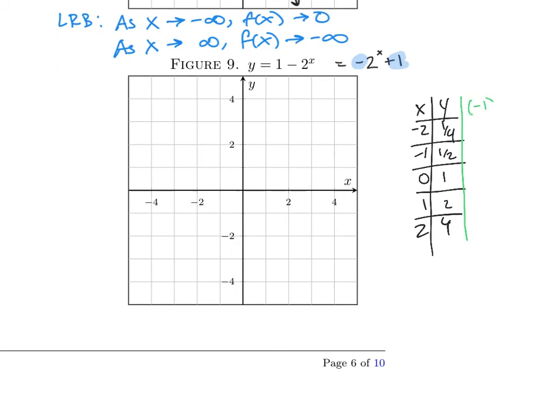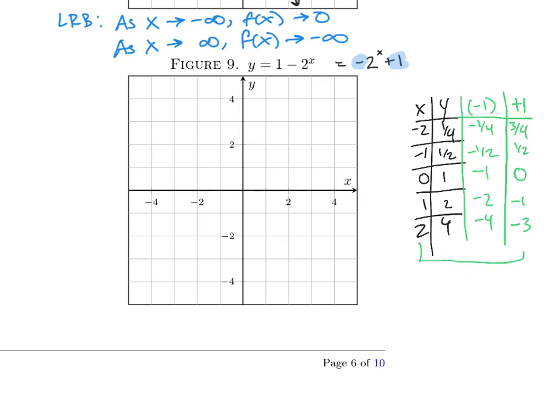So first we're going to multiply everything by -1, and then we're going to add 1 to everything. So this will be -1/4, -1/2, -1, -2, -4. And then we'll add 1 to everything. So it becomes 3/4, 1/2, 0, -1, and -3.